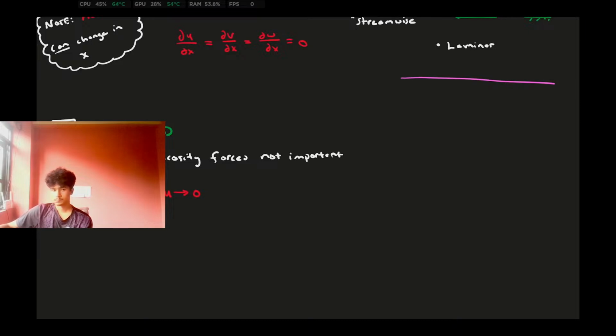This assumption must be applied carefully because viscosity is quite important in lots of problems even though it might not seem like it. Generally, you make this assumption when you have a high momentum flow, which means it can have a high velocity or be very large.